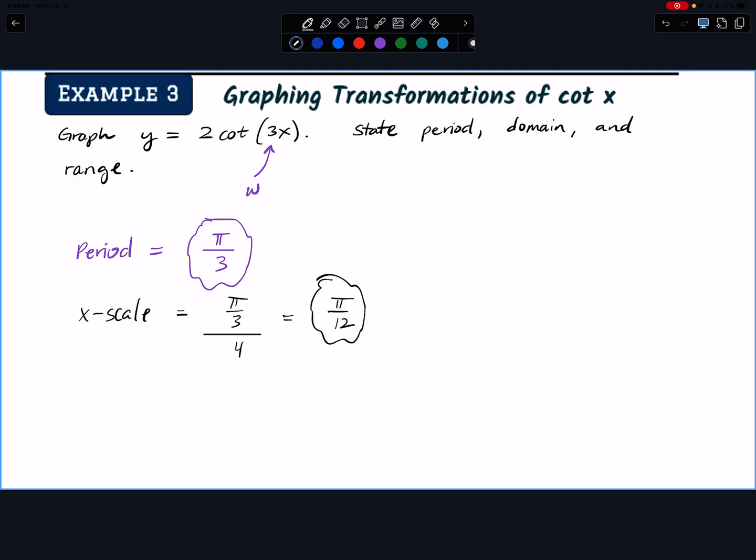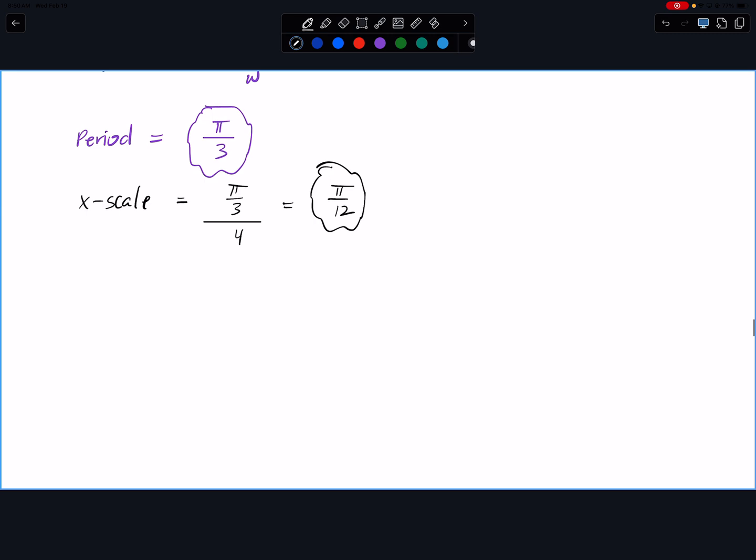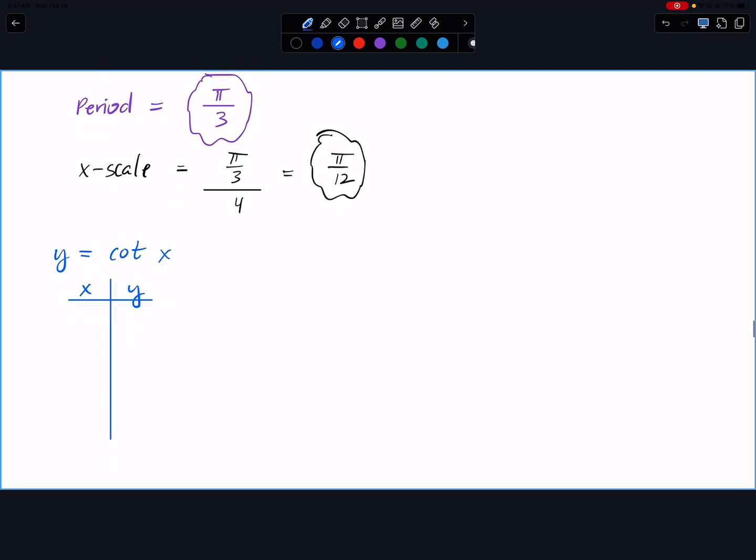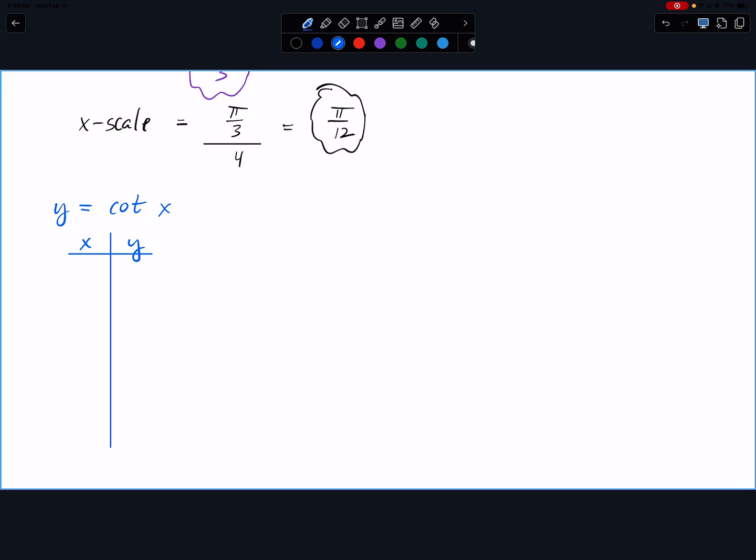So I know we haven't written down an actual table yet for cotangent. We're going to do that right now. But we're going to use the regular cotangent table to help me build a table for our new function. So if I want to graph one period of this, remember, where do our asymptotes occur at every what?